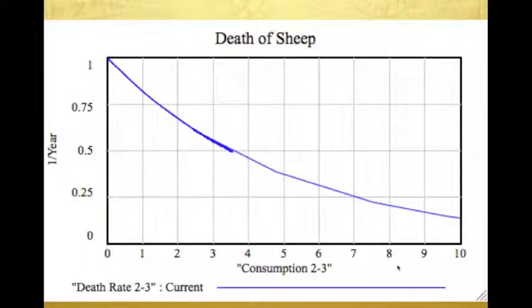So if the sheep are eating plenty of grass, then the death rate drops, because they may die from other causes, natural causes, but not because they lack grass. However, if you start running out of grass, if they start consuming less and less grass, and these are the units of consumption, hectares per sheep per year, so this is a per capita consumption, then of course their death rate goes up.